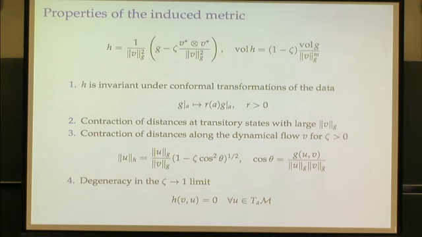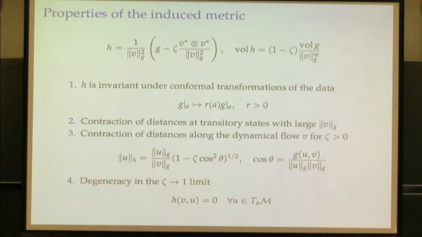Whenever zeta is positive, if we take a tangent vector on our manifold, the norm of that vector with respect to h will be smaller than it would have been normally.